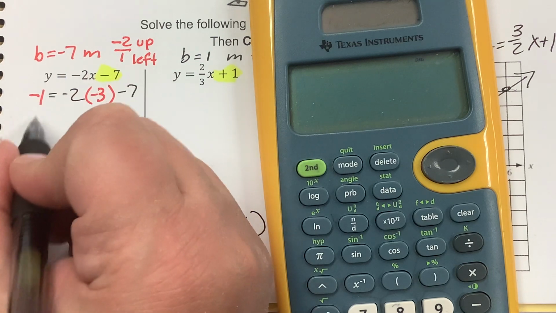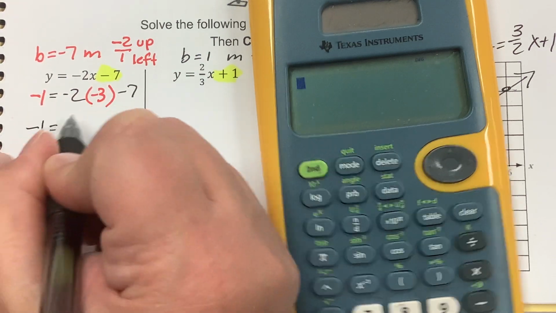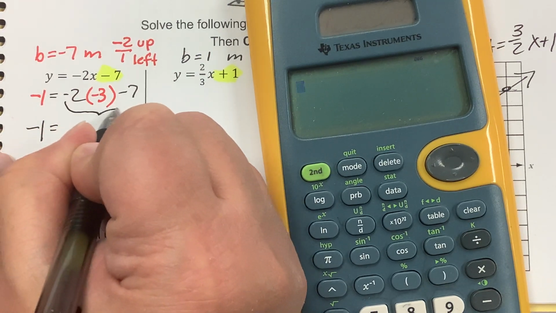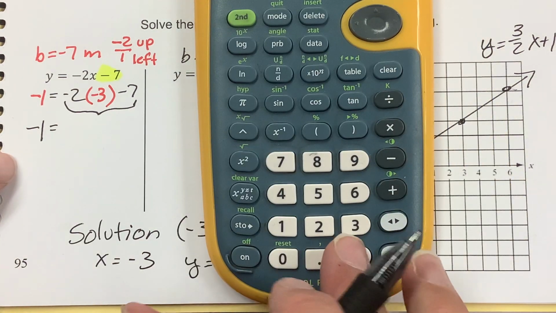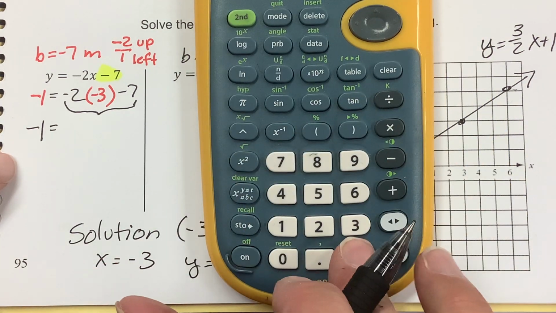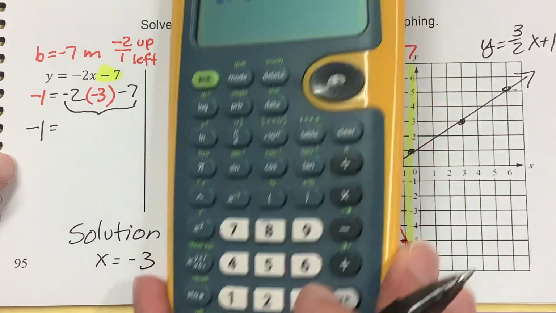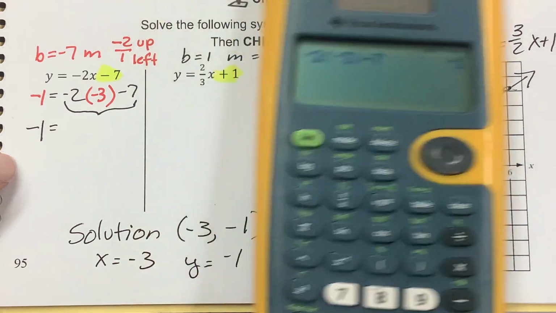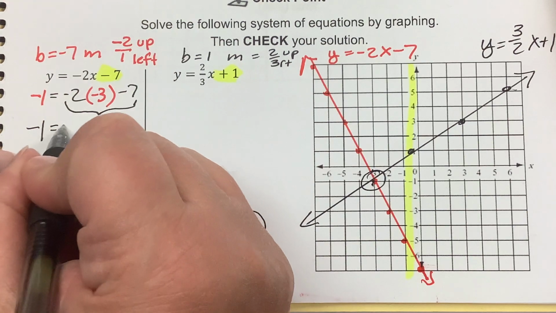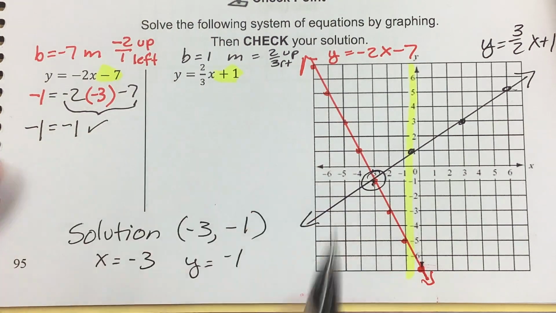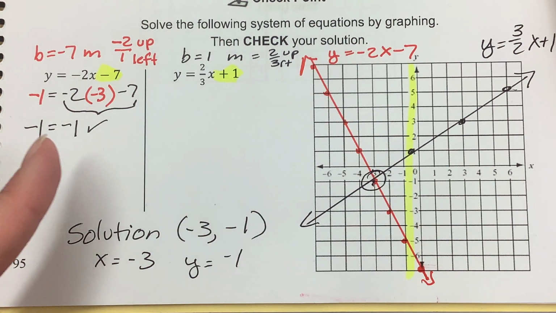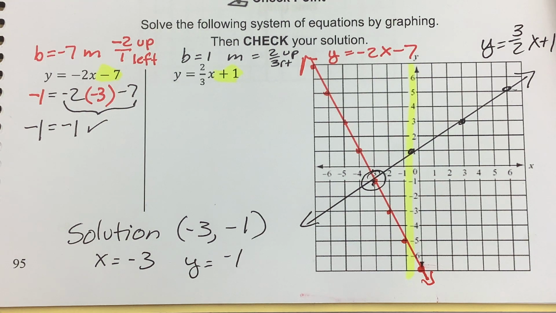So I'm just going to keep this side -1 equals, all of this goes in the calculator. -2 parentheses, -3 parentheses, -7. Oh, look, it works. It's -1. So that one worked. That's a solution to the equation, -3, -1.